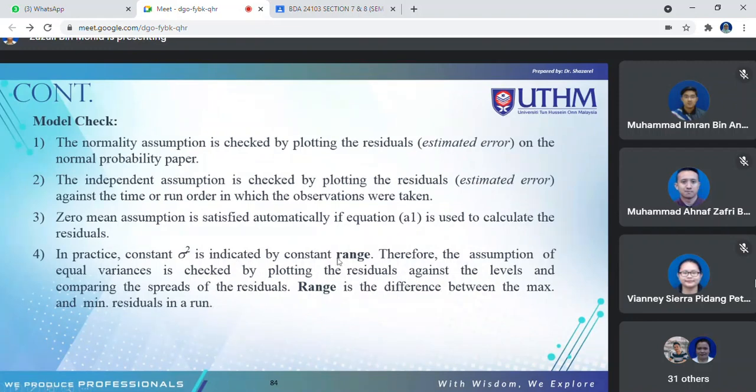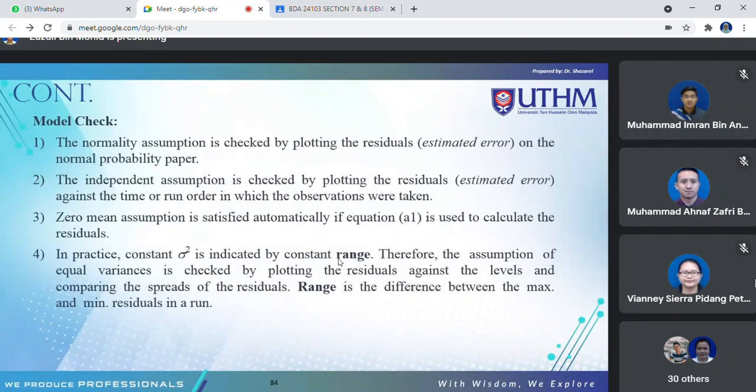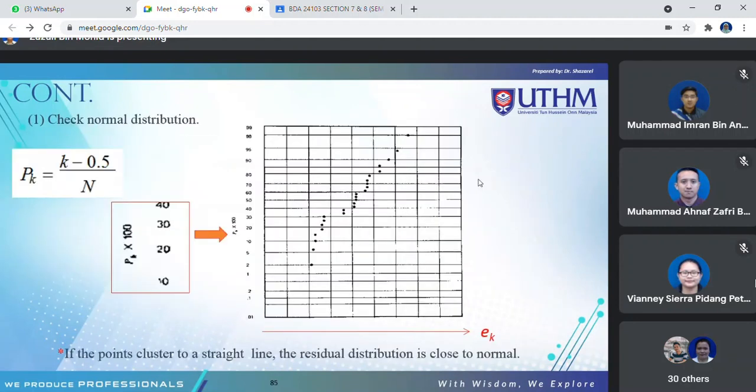So if you plot the value of the residual and then you compare between the levels, you can see the assumption of the equal variance. We can compare the variance between the different levels.